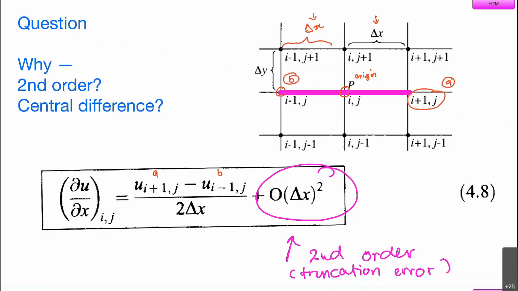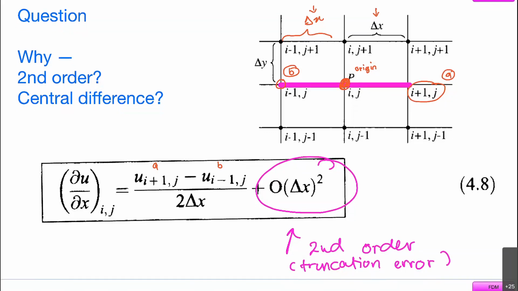That's why you call it central difference, because now you are getting the value in the middle of the grid, the origin value. On the right side, the highest order term is second order, and the higher order terms refer to the truncation error.